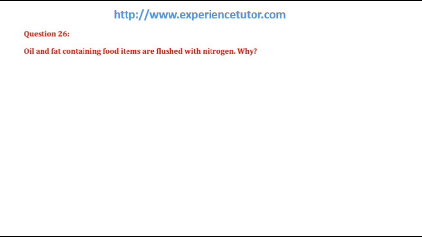On the other hand, oxygen reacts with food substances and makes them rancid. Thus, bags used in packing food items are flushed with nitrogen gas to remove oxygen inside the pack. Then oxygen is not present inside the pack, and rancidity of oil and fat containing food items is avoided.